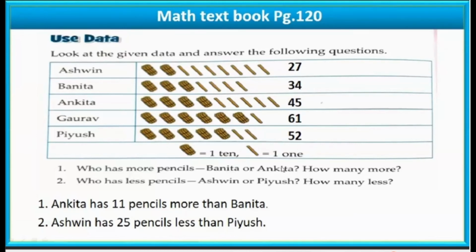Let's do the vertical subtraction here, one below the other. 52 minus 27. Let me teach with the breaking the bundle itself.